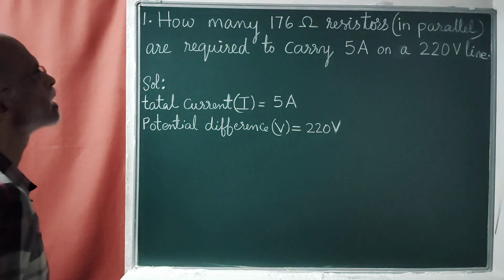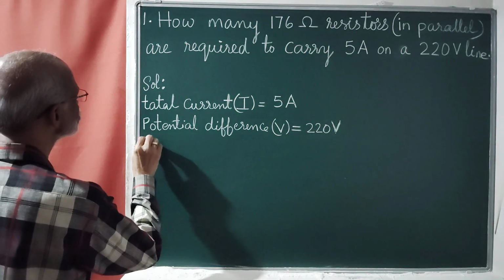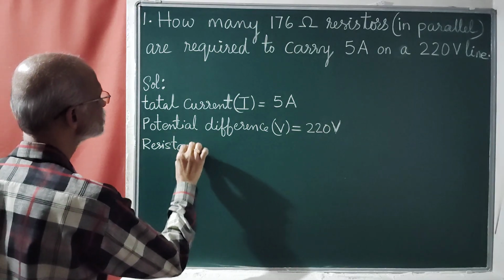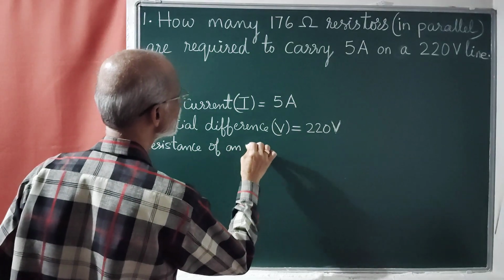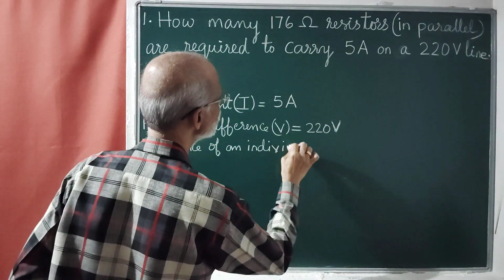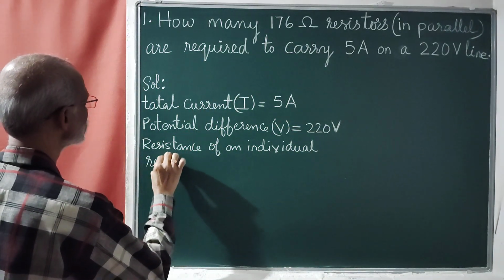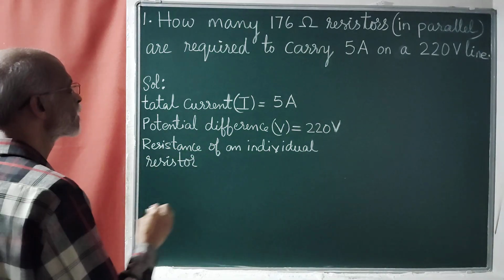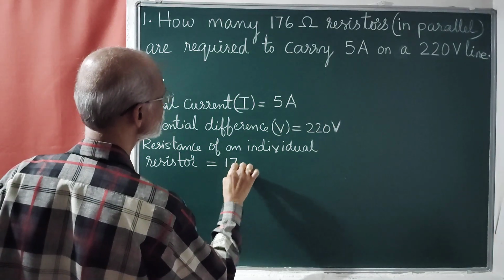Now the resistance of an individual resistor is equal to 176 ohms.